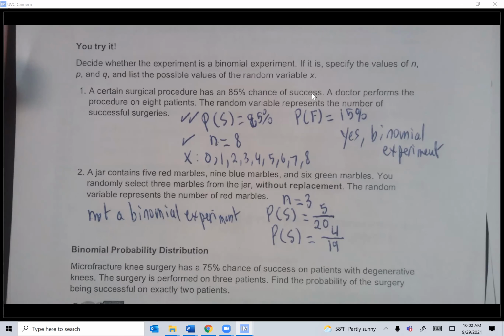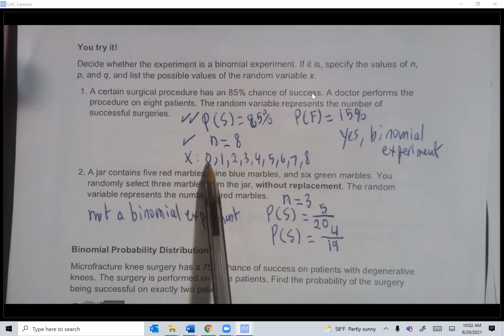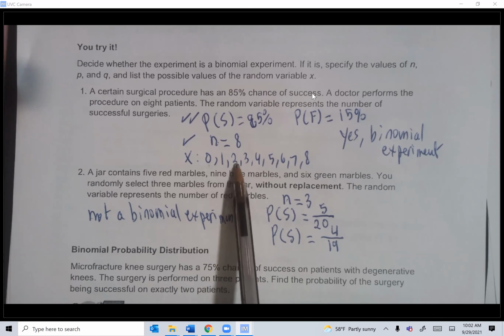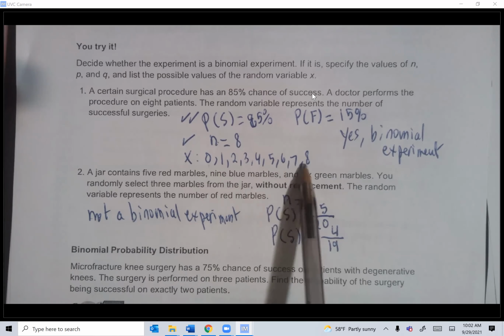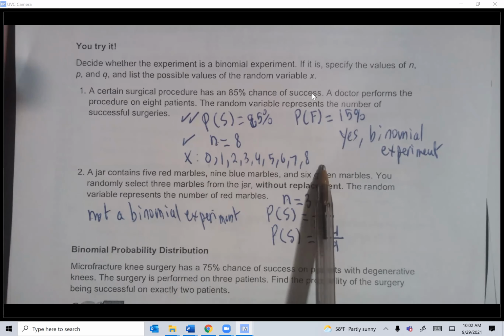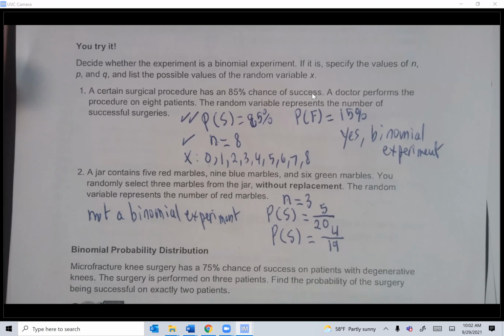What we're going to learn in this section is how do you find the probability of having 0 successes? How do you find the probability of having 1 success, 2 successes, 3, 4, 5, 6, 7, 8? And if you find all those probabilities and add them up, you're always going to get 1. You're going to learn how to use technology to find those probabilities.